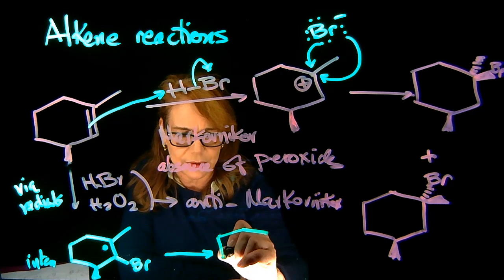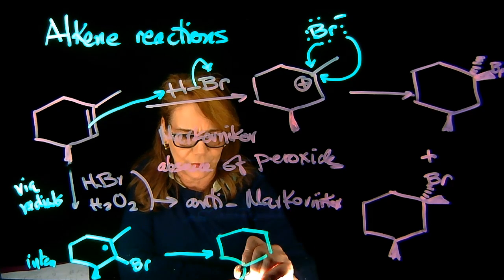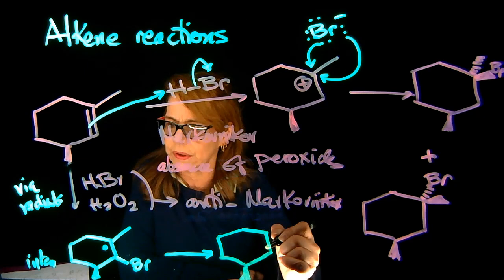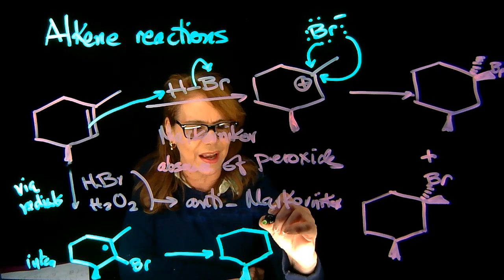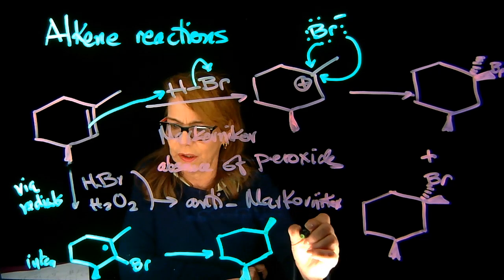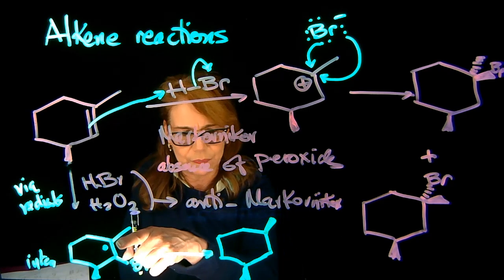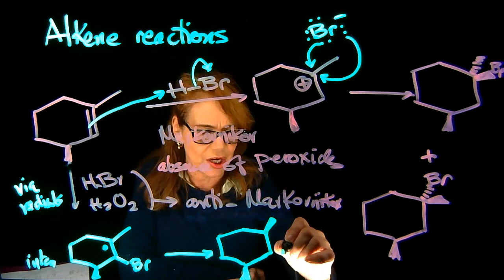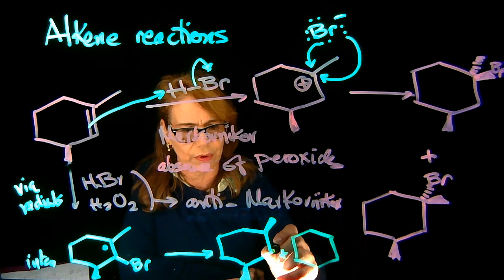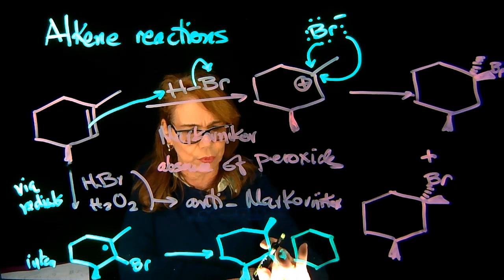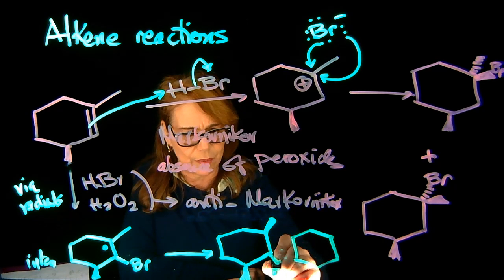Your product is anti-Markovnikov. The stereochemistry here is not changing. You will add the H here, and you can add it from either side of the plane. So you can have this product, and here it means that the H is on a dash, and you will have the other product in which, here I'm missing something very important, which is the bromine.